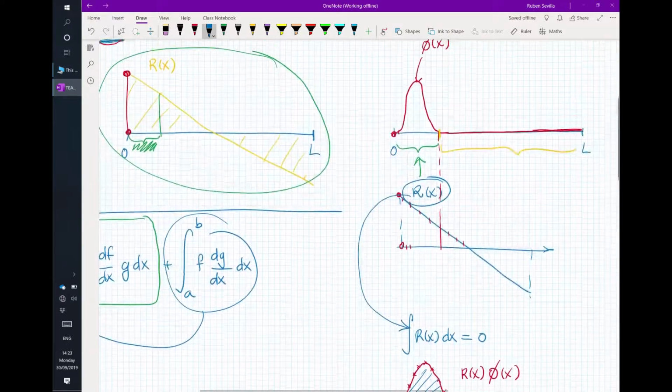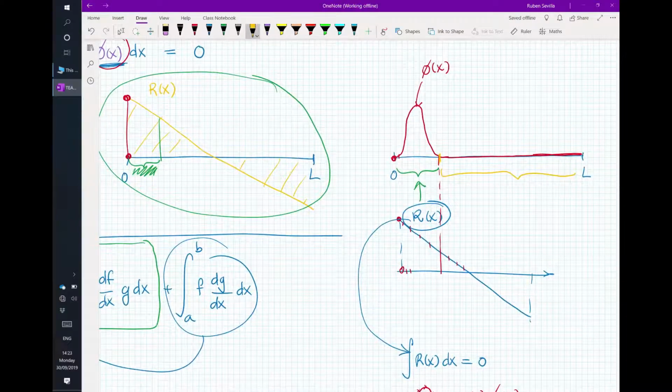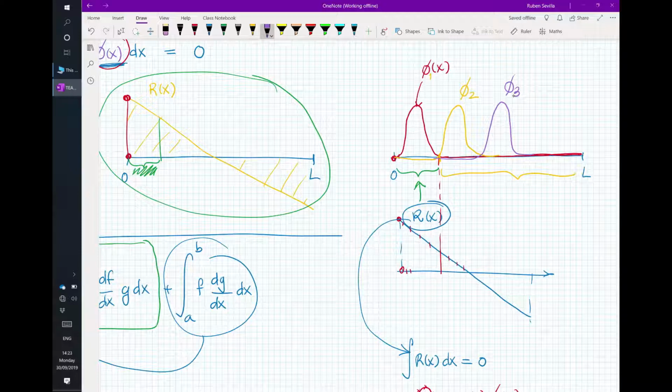Because I can use this little mountain in here, phi 1, or I can use phi 2 now. And then I will use phi 3. And by asking for all these weighted residuals to be 0, I'm going to make sure that not just on average in the whole domain, but in small portions, I also have equilibrium.